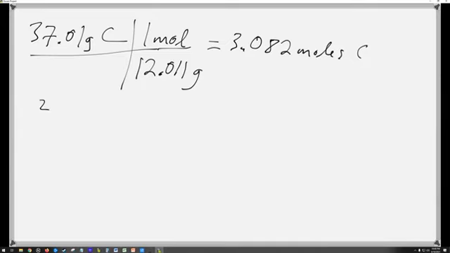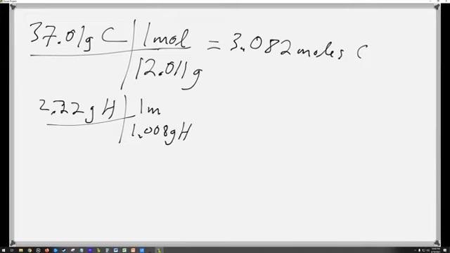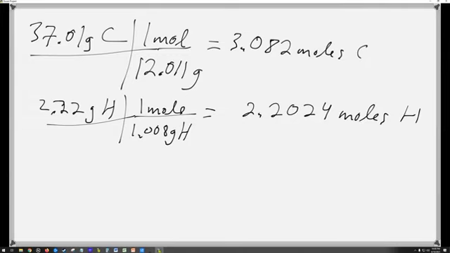All right, 22.22 grams of hydrogen. That's going to be 1.008 grams of hydrogen in 1 mole. That's going to give us 22.024 moles of hydrogen. All right, we got 2 elements left. We got 18.5 grams of nitrogen.